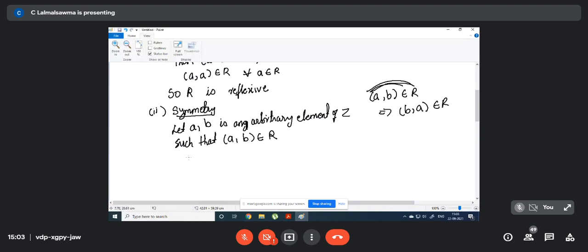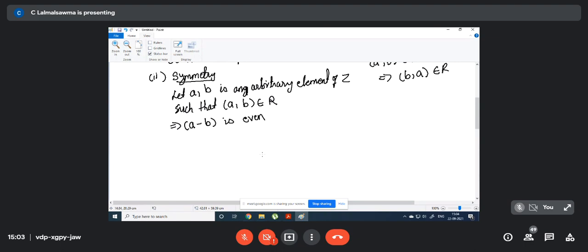If (a, b) belongs to R, then it means that a minus b is even, which implies that b minus a is even. Like I said before, if 2 is even, minus 2 is also even. If we take the negative as common, this will still be an even number. So if minus 2 is even, surely 2 is even. If we remove the minus sign, it will still be an even number.